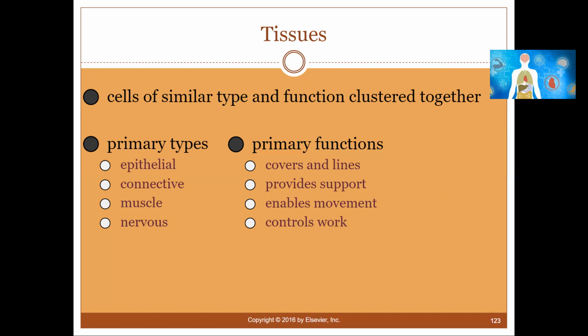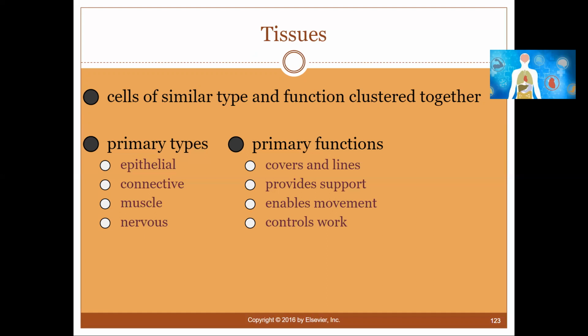One covering that we see all the time is your integumentary system, your skin and your hair. That is epithelial. What we see is the epidermis specifically. The type of tissue is epithelial tissue.